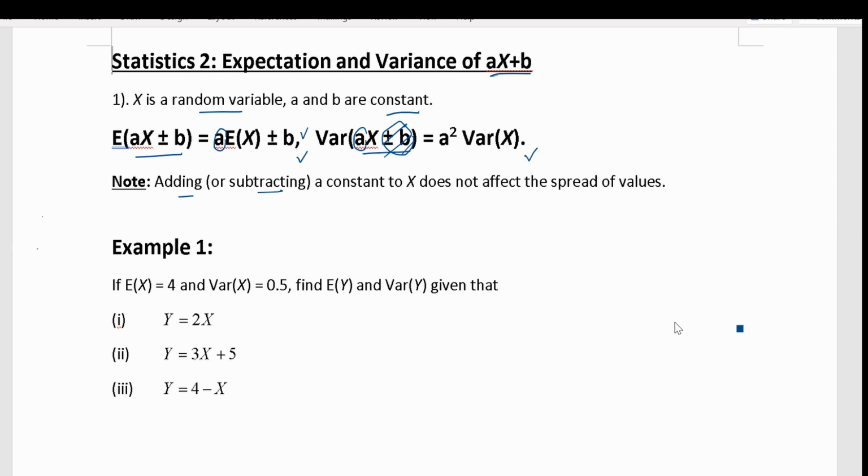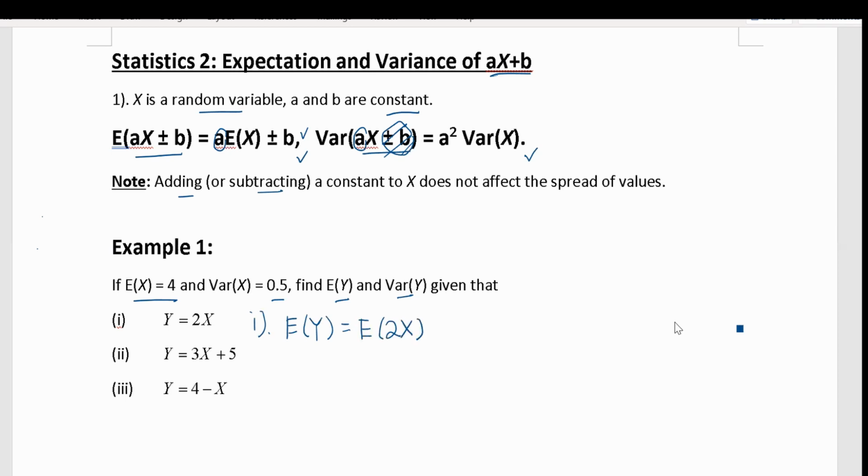Okay, let's see example 1. Now, E of X is 4, the mean of variable X is 4, and variance of X is 0.5. Now we are going to find E of Y and variance of Y, given that Y equals 2X. First we try to find E of Y, and we know that Y is 2X.